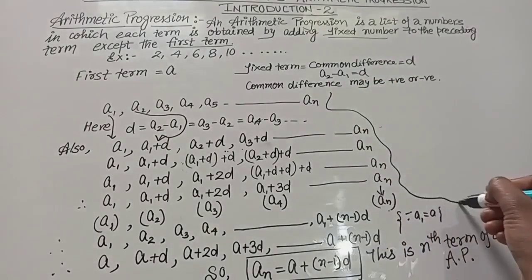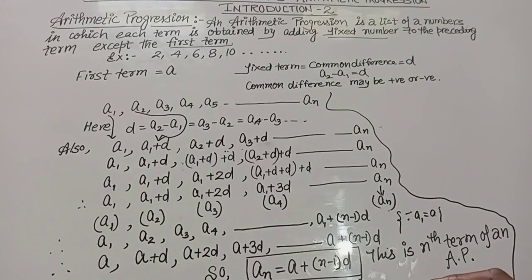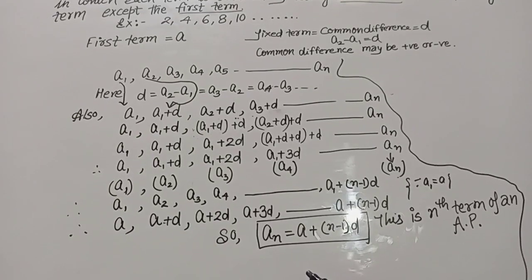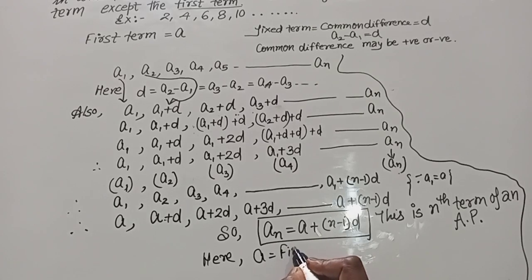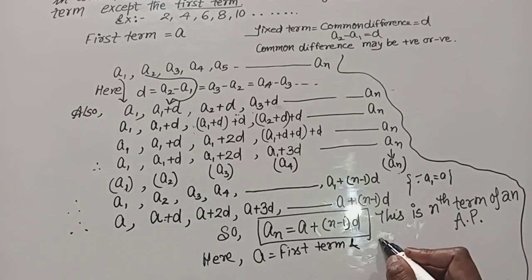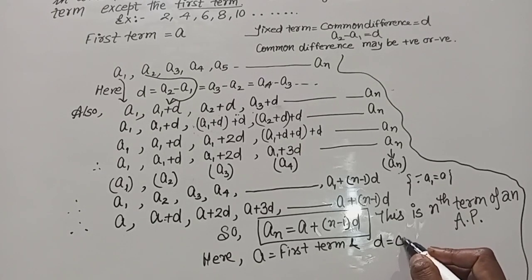So what you have here: a is the first term, and d is the common difference.